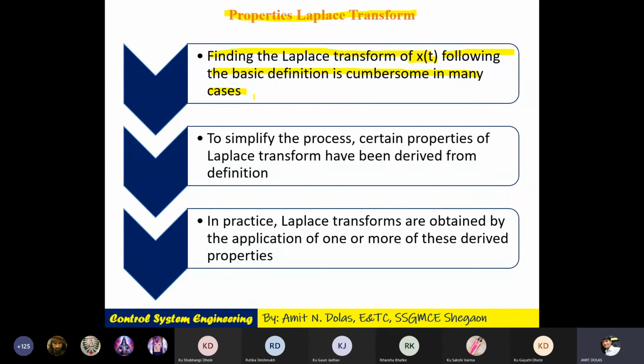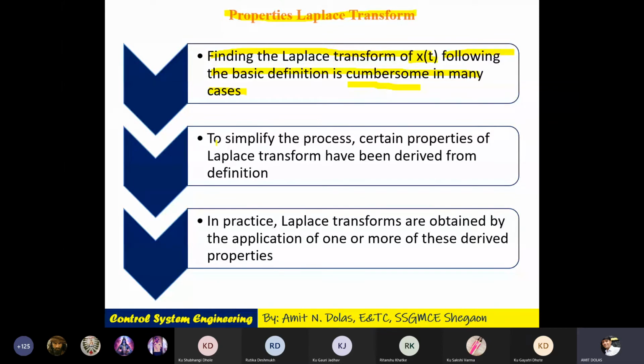power minus st dt. And the x of t we have seen so far are very simple: t raised to power n, then constant, then e raised to power at, then sine, cos, then ramp, exponential. But sometimes if x of t is very complex, then solving the Laplace transform by putting into the definition will be somewhat cumbersome.